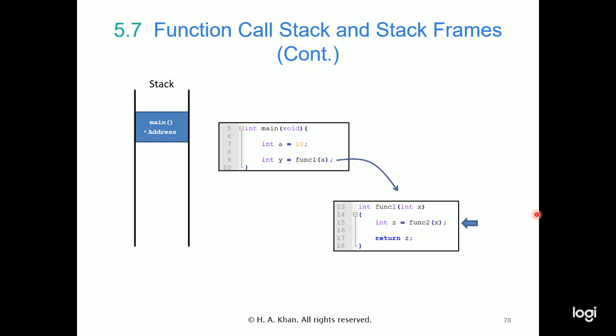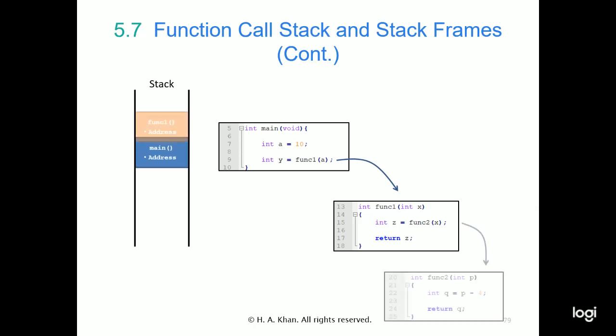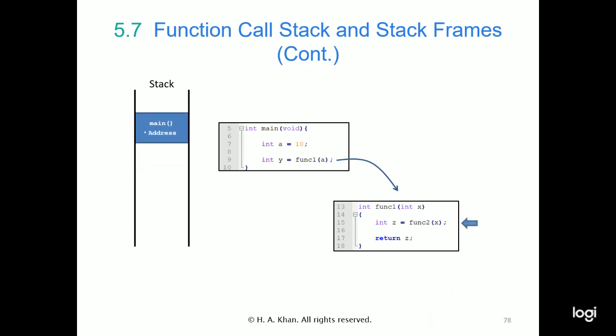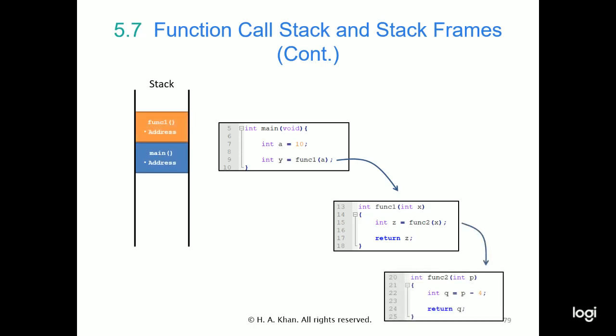If that happens, we will push the address of the current line of function 1 from where we're calling function 2 on top of our stack, and then we will go on to function 2. So let's go back. On this line 15 we call function 2. Before going to function 2 we push our current address to the top of the stack. So this is where we will come back to.